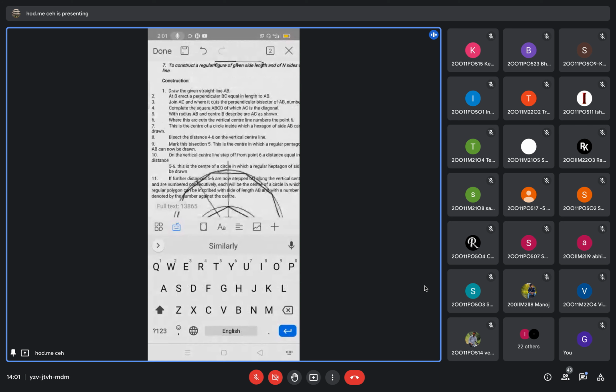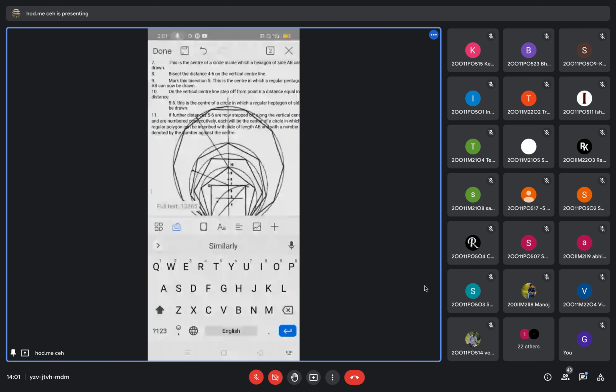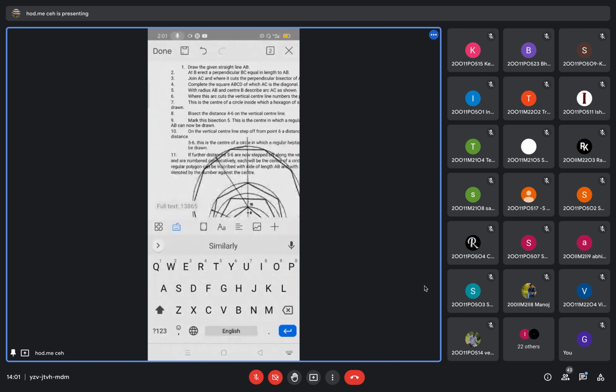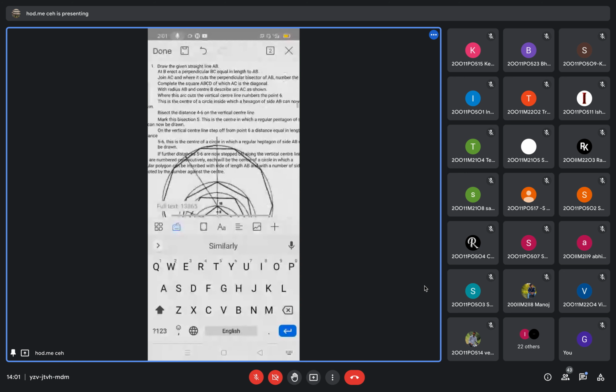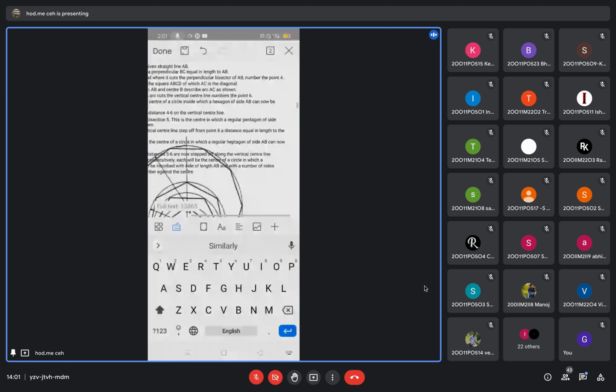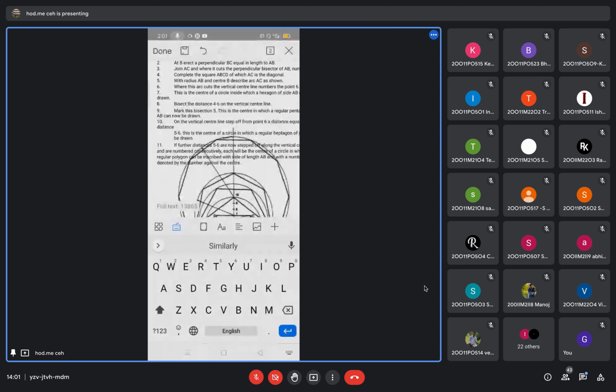Okay, 4 and 6 on the vertical center line. The ninth point: mark the setting 5. This is the center of the circle for the given regular pentagon on the side AB, which can be drawn.